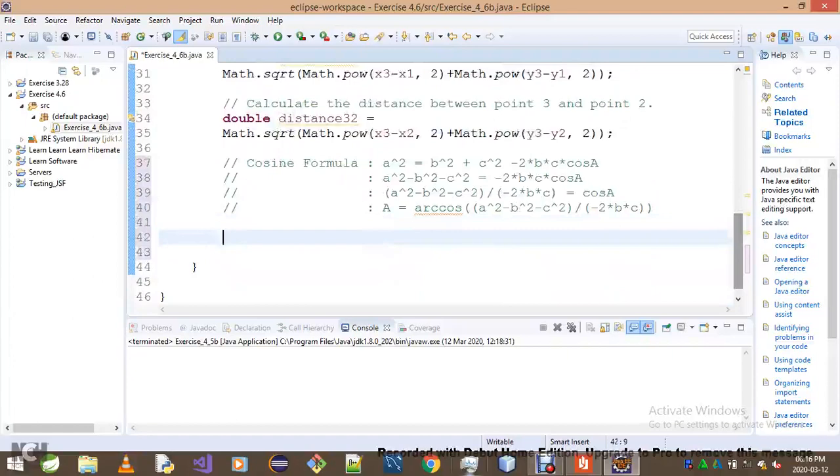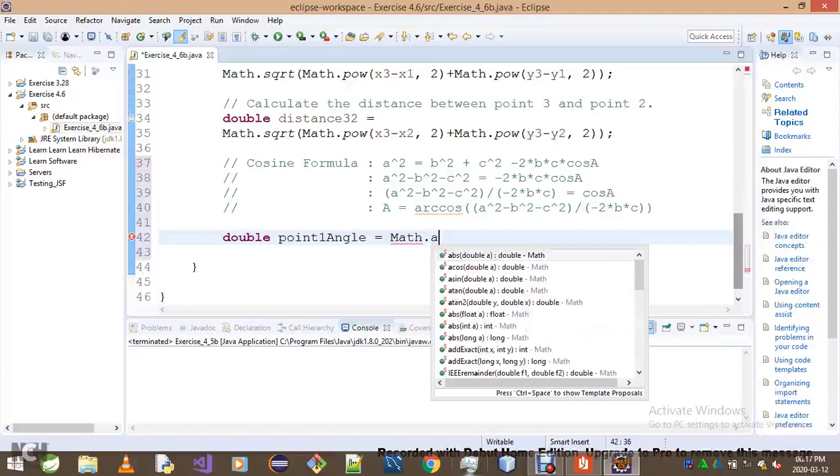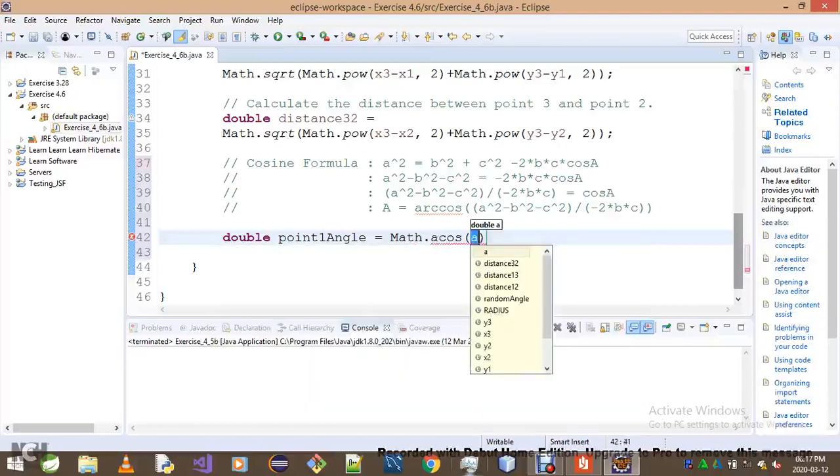We're simply going to say double point 1 angle is given by math dot arc cos of what?